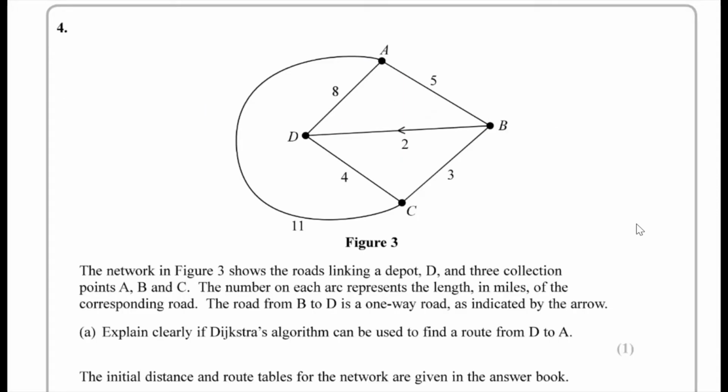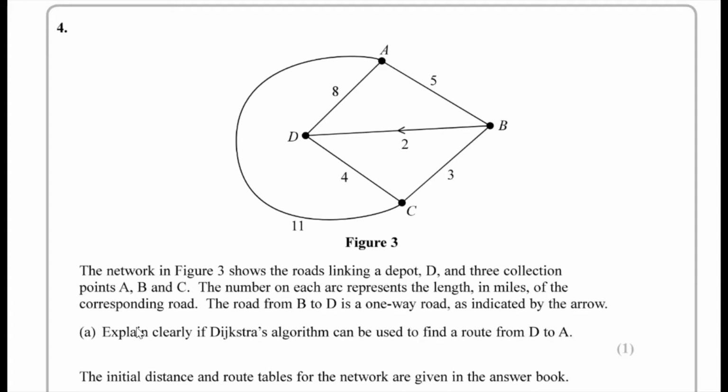Question 4. We've got the network in figure 3 over here, which shows the roads linking a depot, D, and 3 collection points, A, B, and C. The number on each arc represents the length in miles of the corresponding road, and the road from B to D is a one-way road as indicated by the arrow.